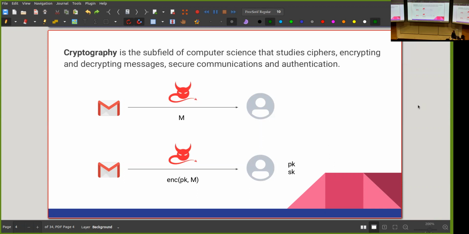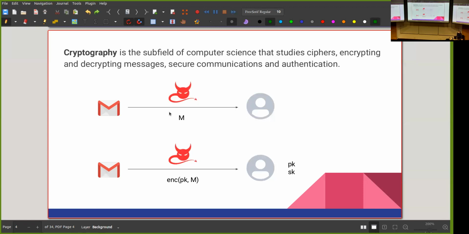So the basic idea is, let's say I open my Gmail account and I want to read my emails. And let's say that my emails are encoded as some message M. So if Gmail just sends me this message M on the internet, then anyone else who can see our communication can also know about the contents of that message, right? So for example, my internet service provider would be able to read my emails, or probably my government would be able to do that.